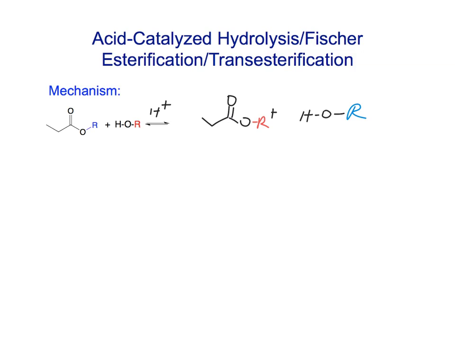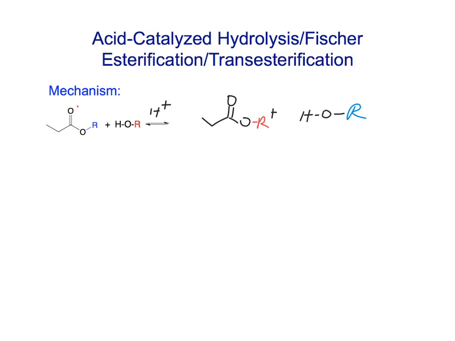What's the acid going to do in this reaction? Other than catalyze the reaction, how is it going to do that? It's going to protonate the carbonyl oxygen, and what effect does that have? It makes the carbonyl carbon more electrophilic, more delta plus.